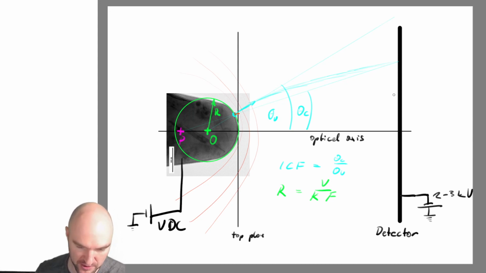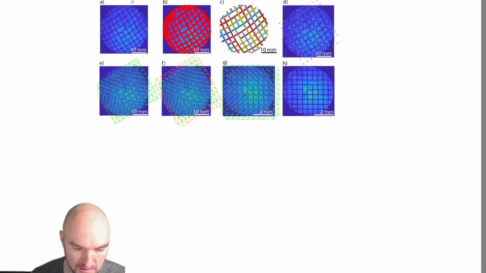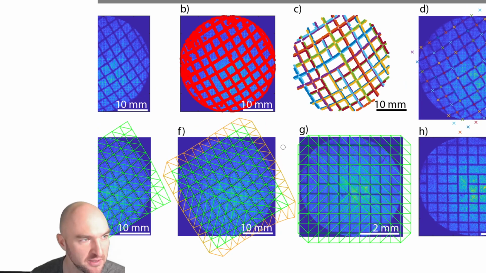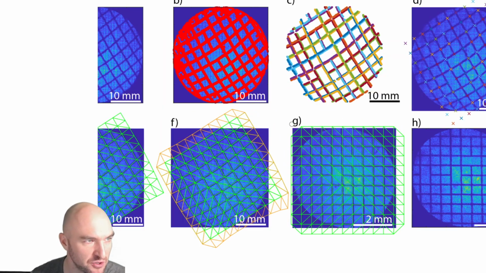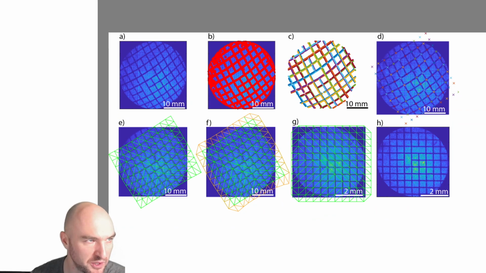So this is the first thing that we're going to do. And the second thing we're going to do is look at reflectrons. If you have a reflectron, then the reflectron will distort the image of your sample. And what we've done to quantify that is just put a grid that we've made in front of the microelectrode, because then you can actually see what the local distortions are. This is the magic I was talking about earlier.